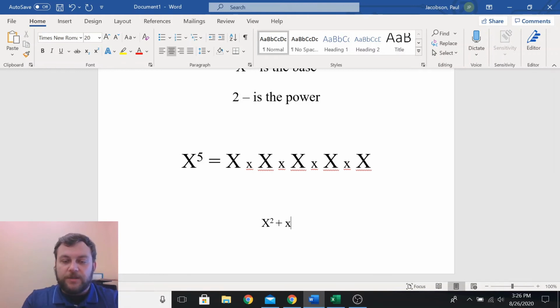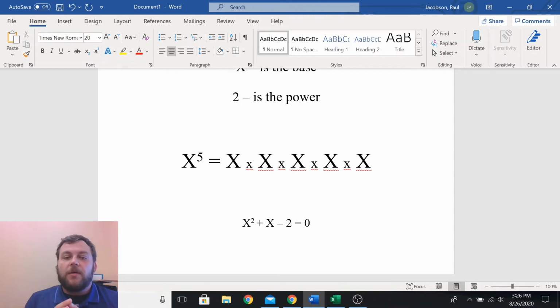X squared plus x minus 2. Okay. And maybe that will equal 0. But I want you to have that understanding that that x squared is a representation of x times x.